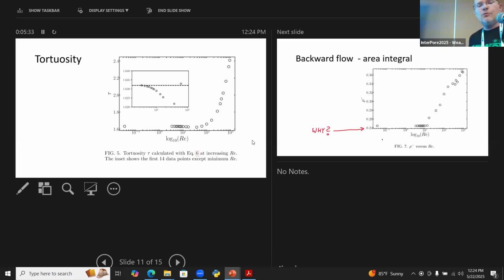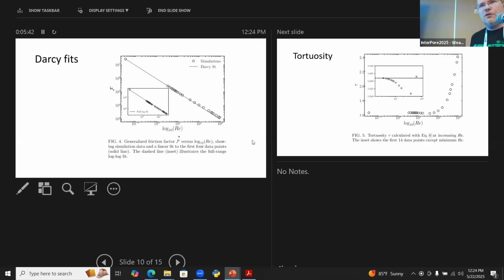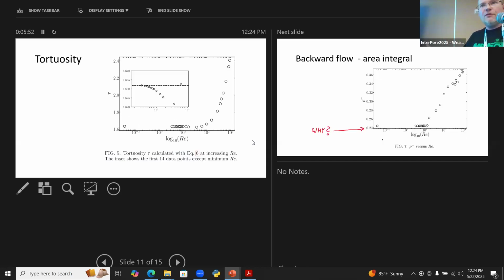And then we computed tortuosity, and boom, we have a very, very large effect of the increasing Reynolds number, which is completely not visible in the standard analysis that people usually do. So remember, if you don't have a Forchheimer deviation, that does not mean you don't have inertial effects.